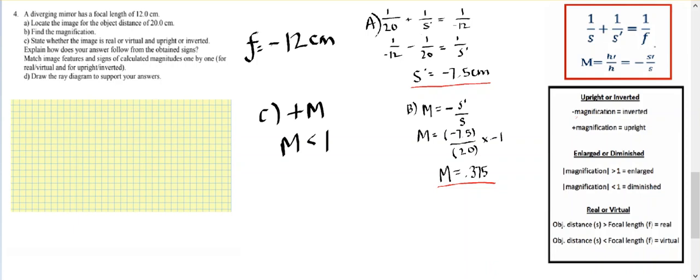Our magnification is positive, so we know that our image is upright. And we also know that our magnification is less than 1, so therefore we know that our image is diminished.